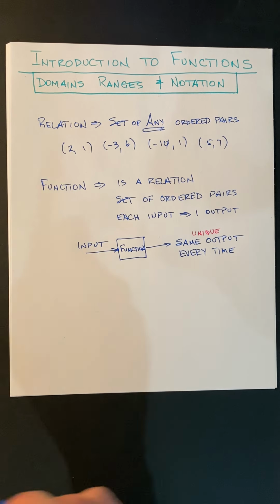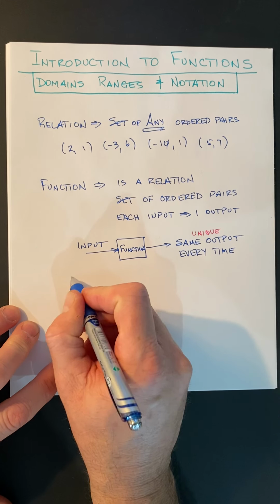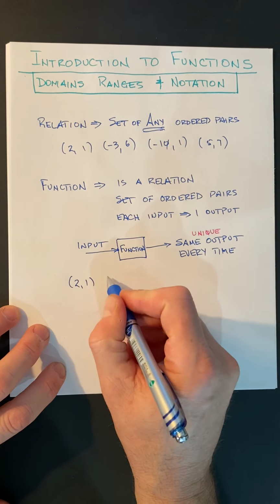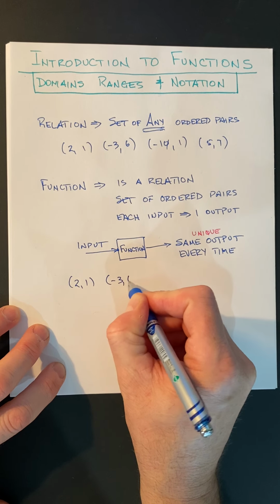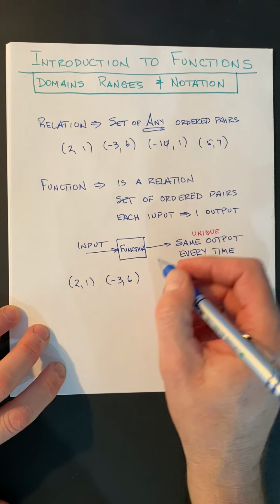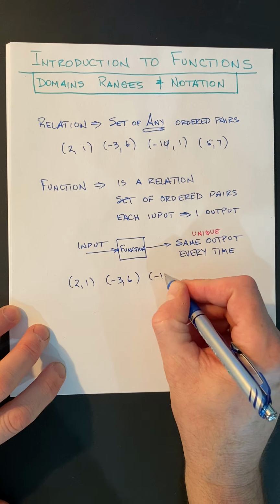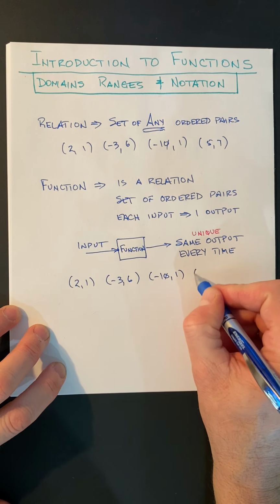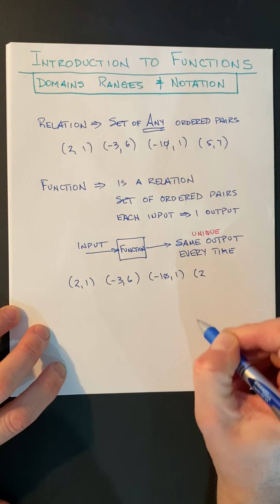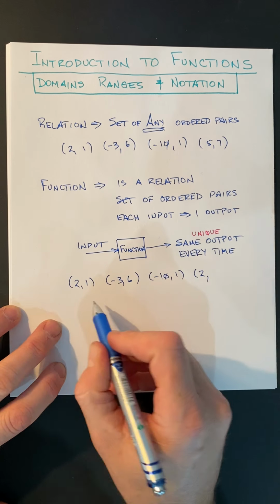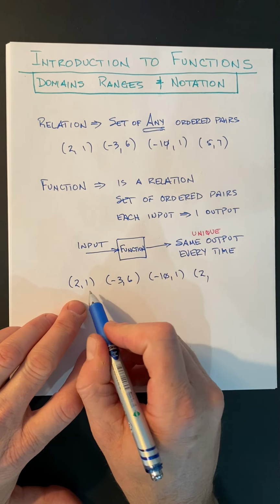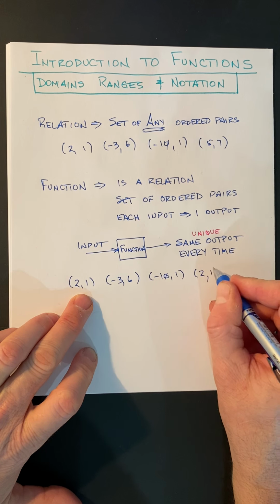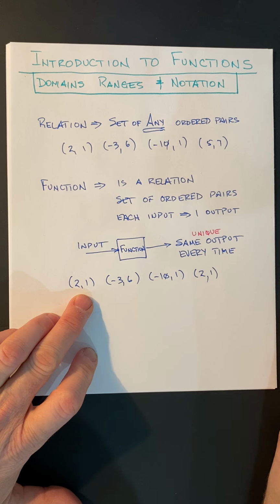So let's look at a group of these, okay? If I had 2, 1, minus 3, 6, now I'm looking at something very similar to what I had up above. Now let's say I repeat 2, okay? In order for it to be a function, I have to get this 1 every single time, okay?